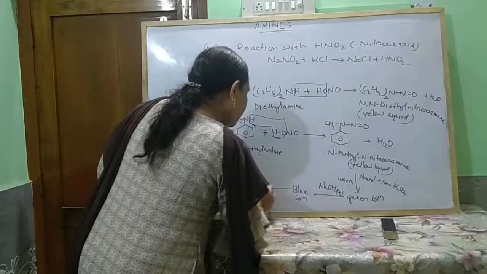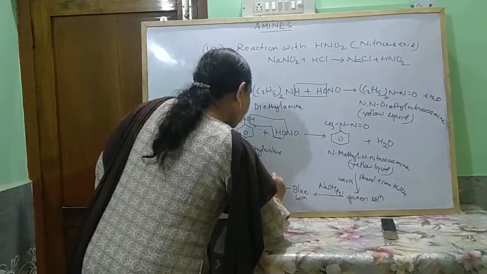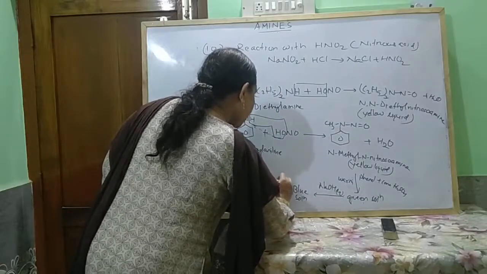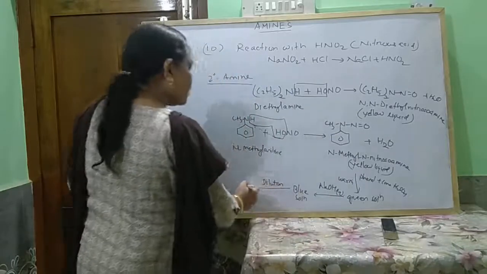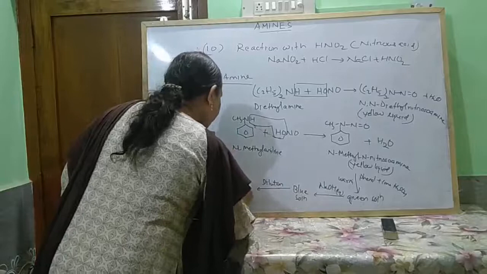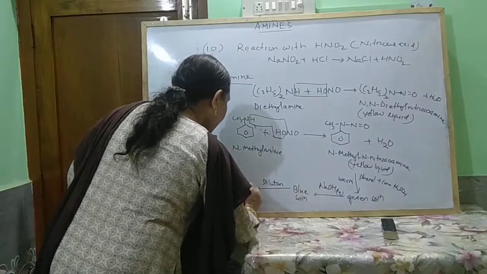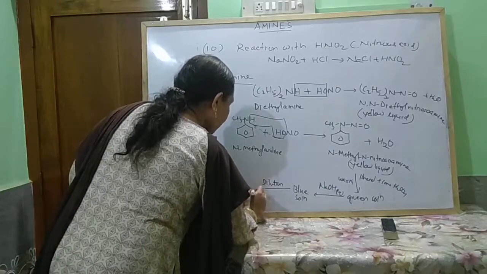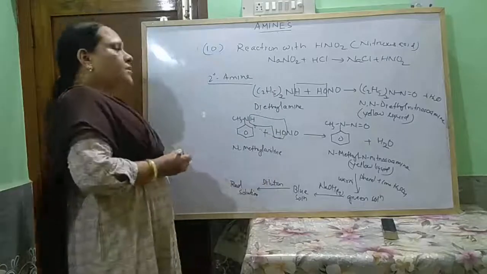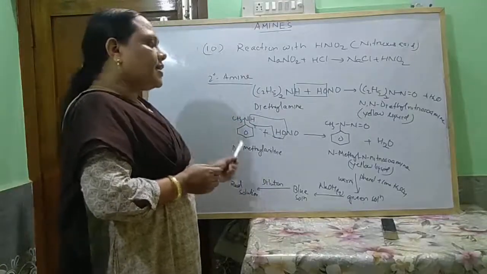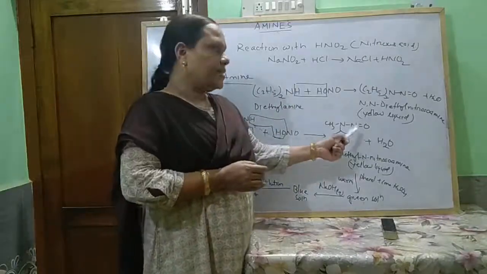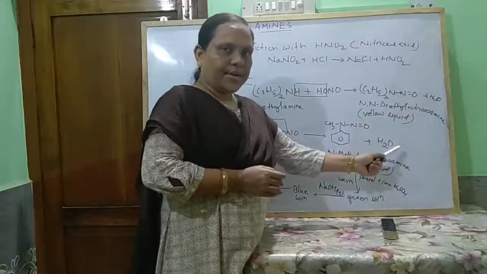And this blue solution, when diluted, forms a red solution. So, both aliphatic and aromatic secondary amines react with nitrous acid to form a yellow liquid.